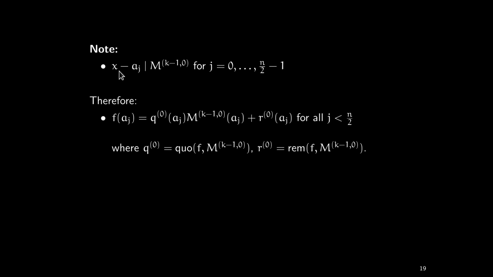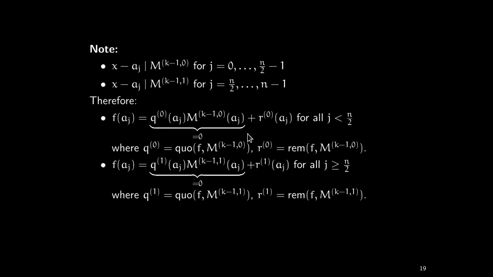And then since x minus a_j is a factor of this polynomial, this here will be 0. So this here doesn't matter, and we find that the value of f, the polynomial that we want to evaluate, at one of the first half of the evaluation points is equal to the value of this remainder at the first half of the evaluation points. Okay, so this is 0.